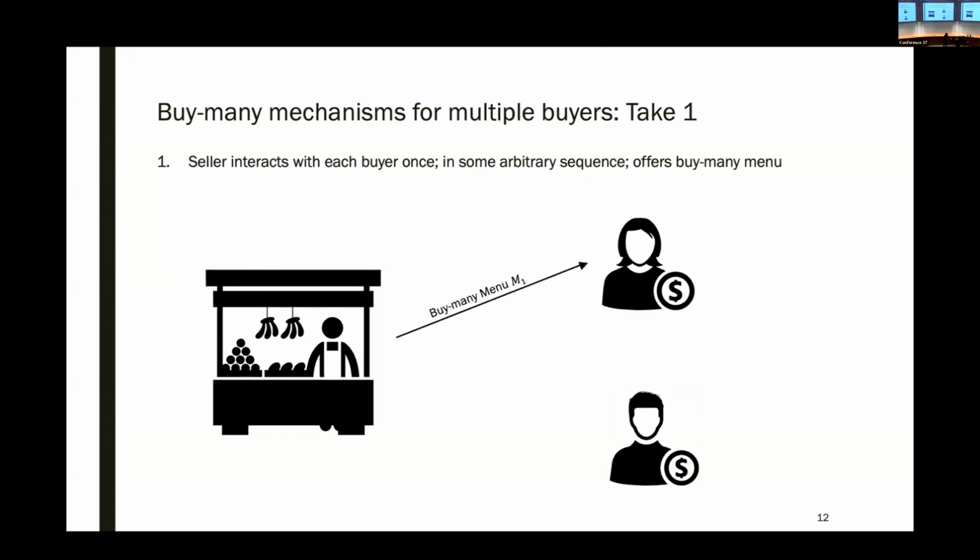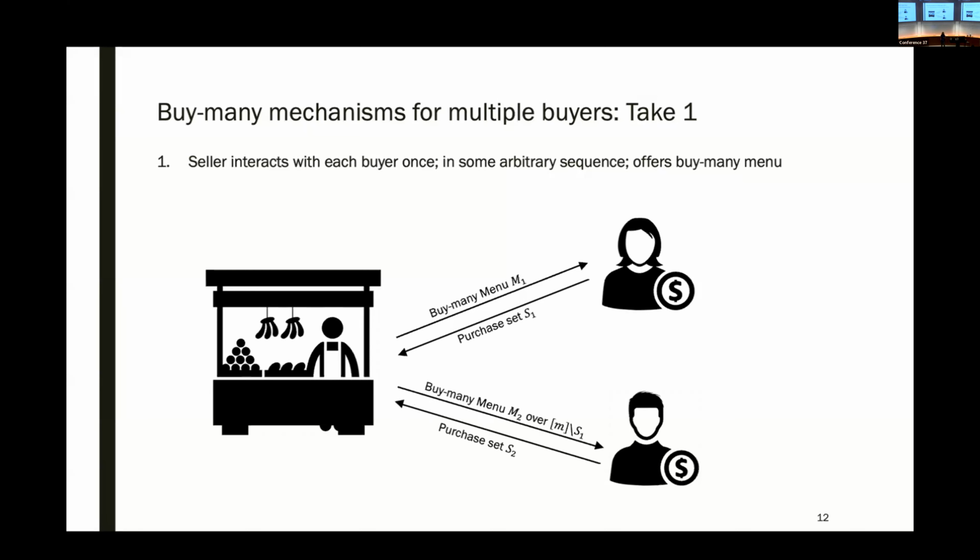Here's one approach. The seller interacts with every buyer in sequence. For the first buyer, the seller offers a buy-many menu. The buyer purchases some set. Then the seller goes to the next buyer, offers a buy-many menu, and the buyer purchases a set, and so on.